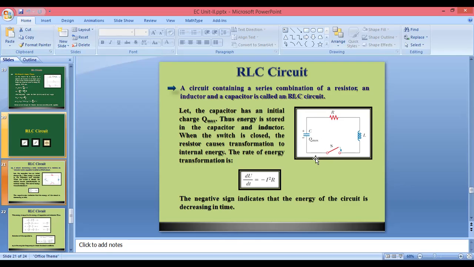If we close the switch, the resistor causes the transformation of that energy, and the rate of energy transformation we can calculate as dE upon dt, or dU upon dt. This is nothing but energy.